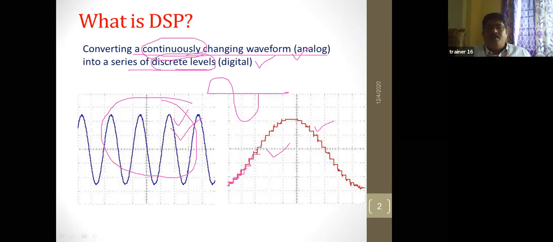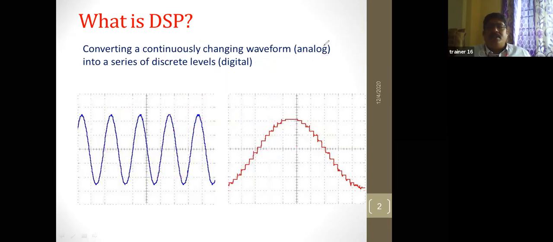From this box up to this box, see clearly, this is a series of discrete levels in digital. So that is DSP, digital signal processing.